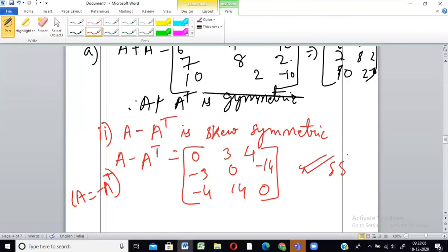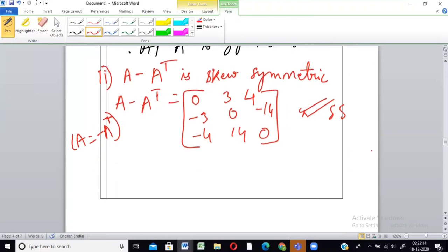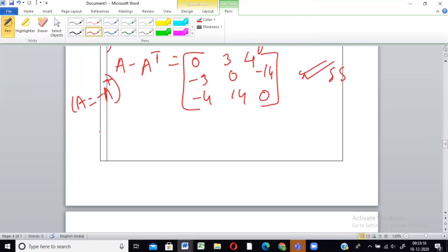Now, another property that you have. They have not given it as a separate property, just a point to note. We may prove it as and when we require it.